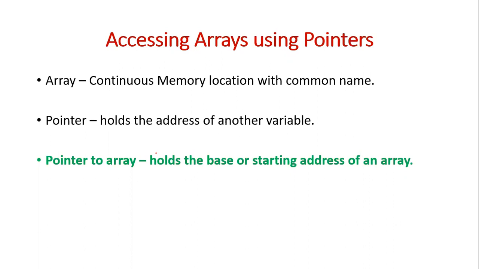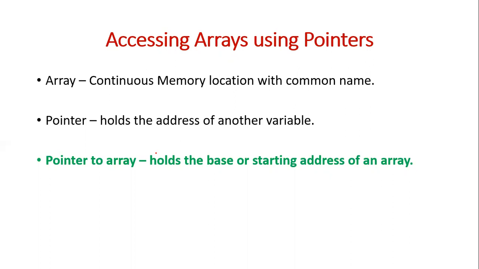You are all already familiar with arrays. You have learned arrays in C, Python, and Java. So the definition of an array is a continuous memory location with a common name. Whenever memory is allocated for an array, it will always be in contiguous locations, and it will be of the same data type.